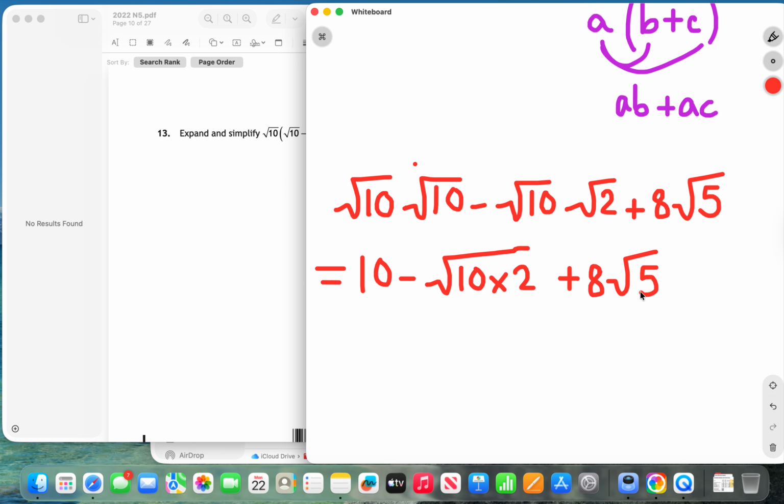Now the next part is we have to then do 10 times 2, that's root 20, minus root 20, plus 8 root 5.